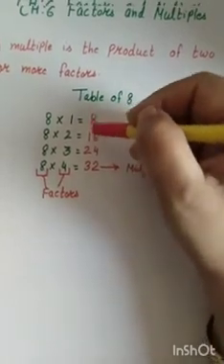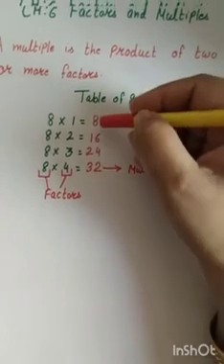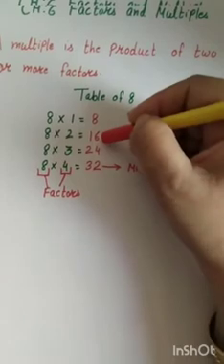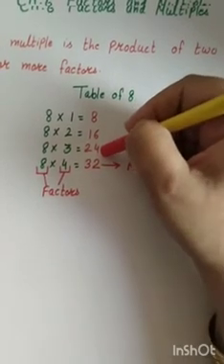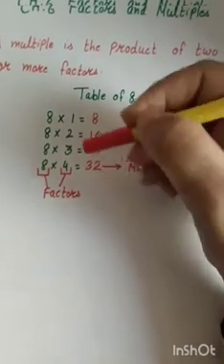Now if I ask you what are the multiples of 8, you will say the first multiple of 8 is 8, the second multiple 16, the third multiple 24, the fourth multiple 32, and so on.